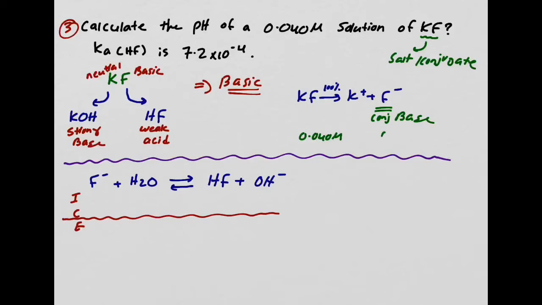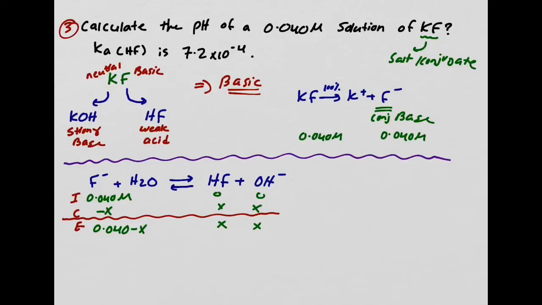How much F minus do you end up with? 0.040 molar is what you end up with. Okay, 0, 0, minus x, x and x. We don't really care about water because you don't include water in the equilibrium constant. So F minus at equilibrium would be 0.040 minus x, x and x.